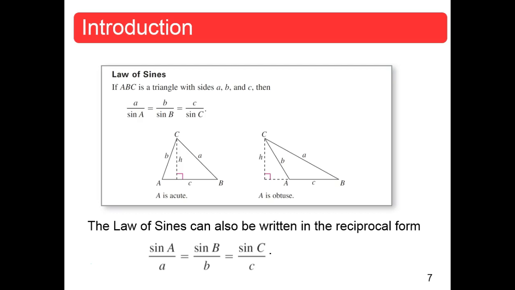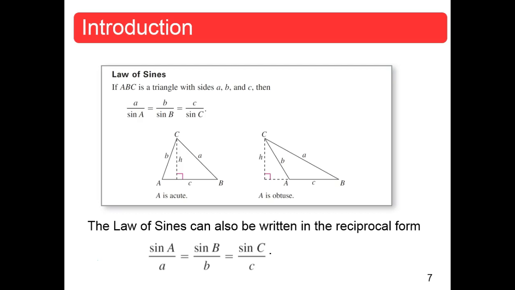So let's take a look at it. If that largest angle is acute, less than 90 degrees, then here's something you know. If you drop the perpendicular H from C to the opposite side, that makes a right angle. And we know that the sine of angle A is H over B, opposite over hypotenuse.